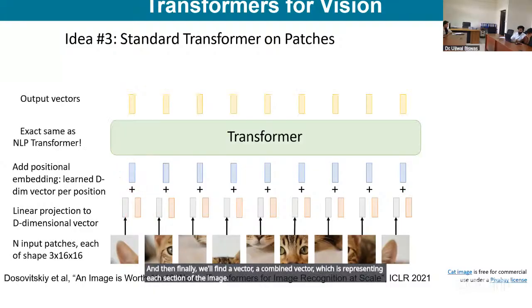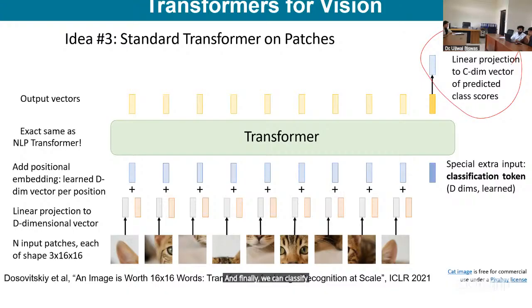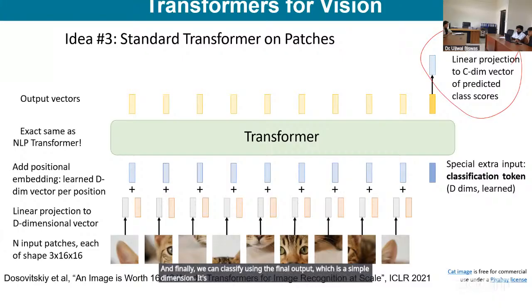Then we simply feed that into a standard transformer, exactly the same as your NLP language transformer. Finally, we can classify using the final output, which is a simple vector that will be used for classification or any other purpose.